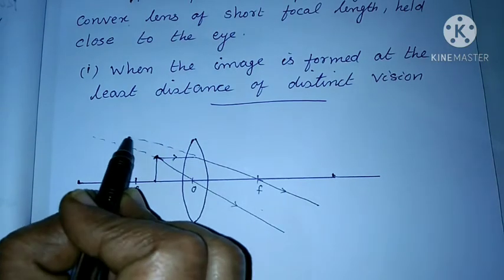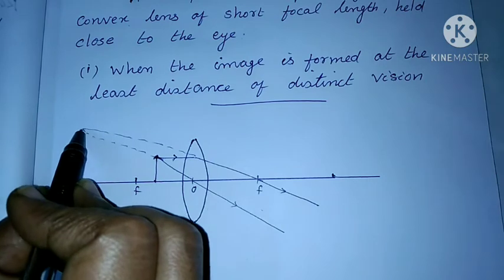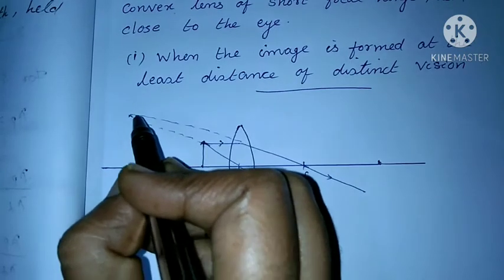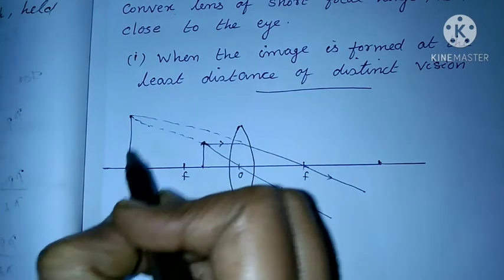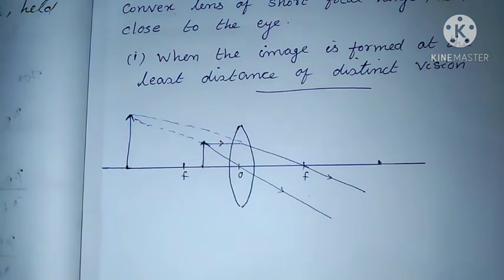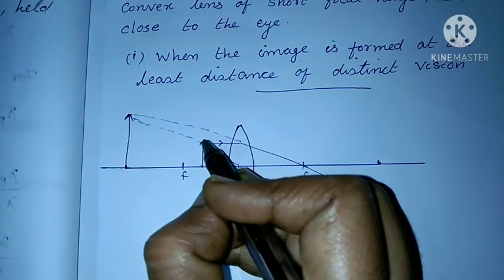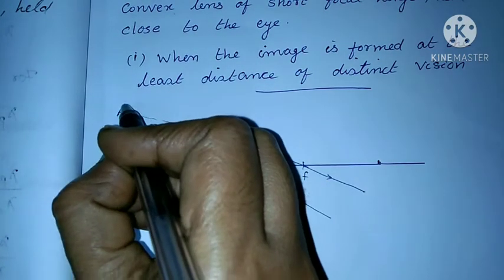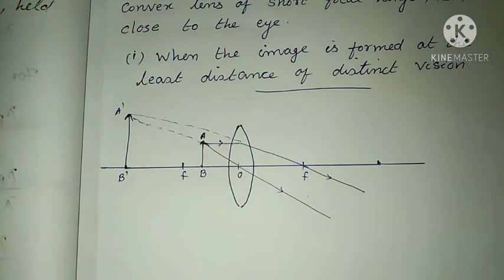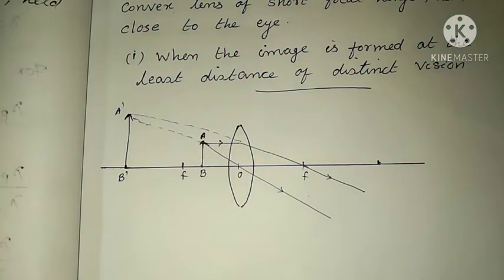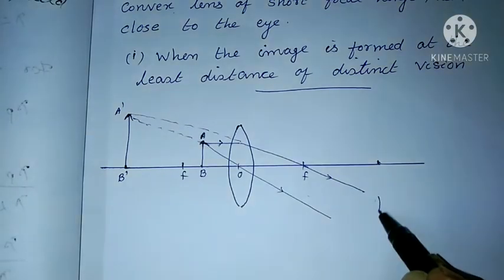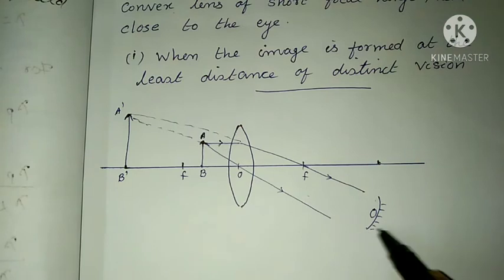There we get an erect and magnified image on the same side of the lens. This is the erect and magnified image. Clear? So here this is the object AB and this is the image A dash B dash. So that is the image formation. Then we can see the image here, isn't it?